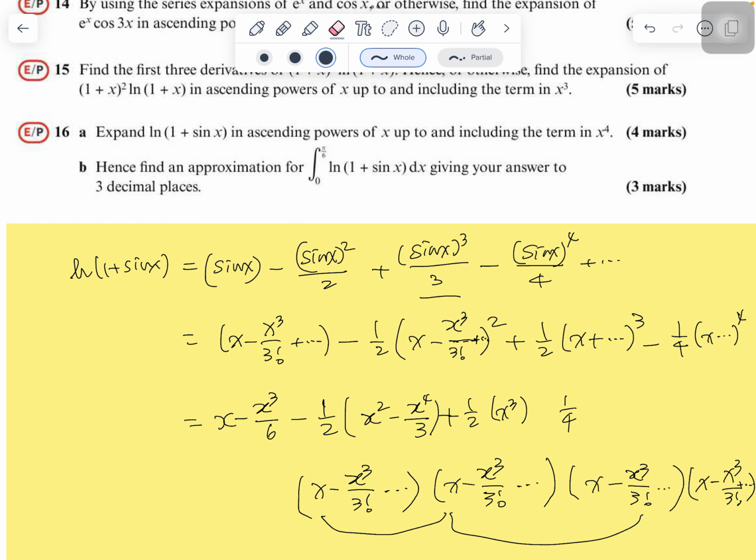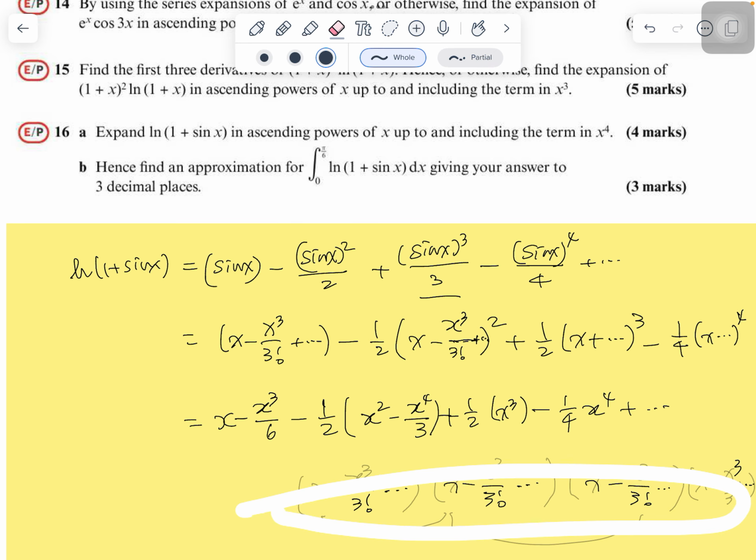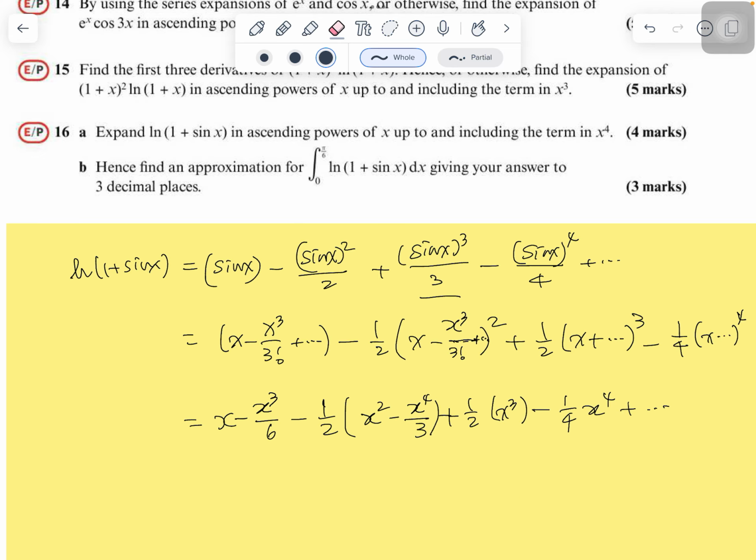Sorry, I mean minus x to the power of 4, and so on. We don't need any further. So here, x is only x, and x squared is 1 over 2 x squared.